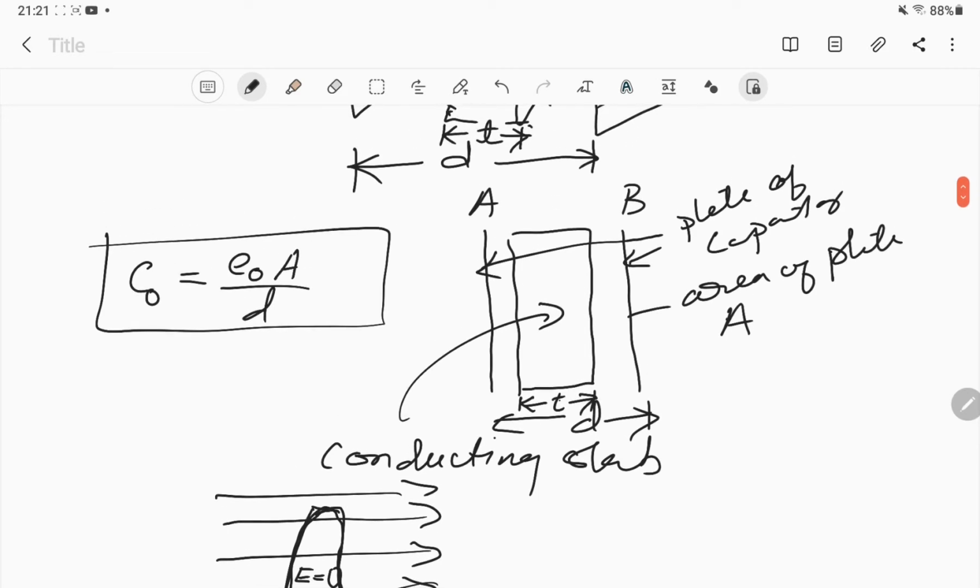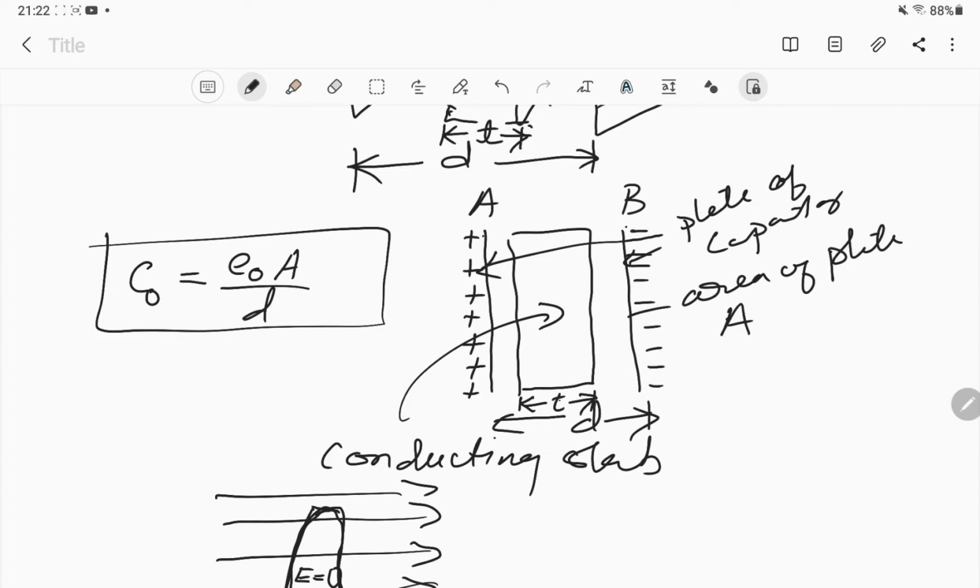Similarly, due to these two plates, the plates are opposite in charge: plate A is positive and plate B is negative.